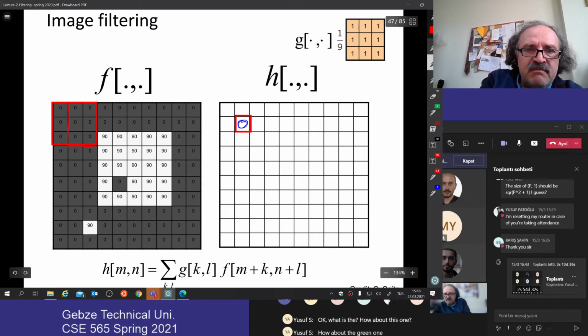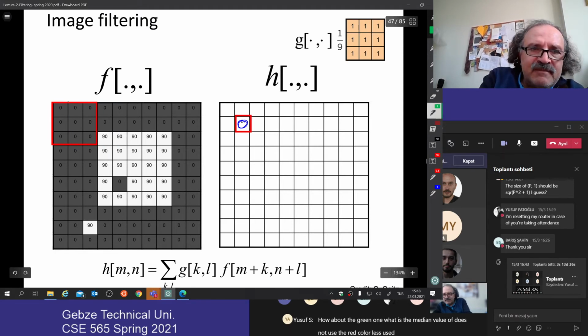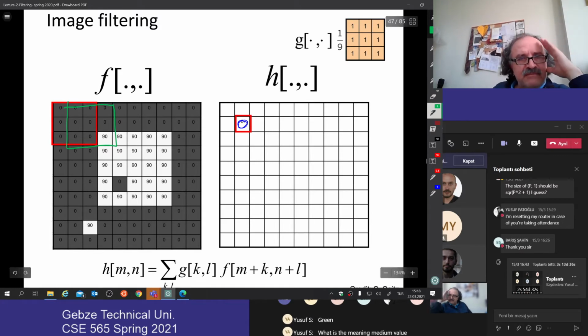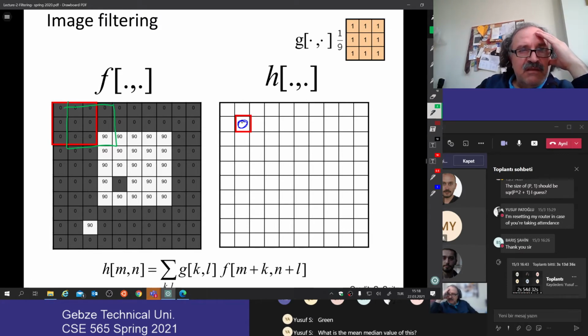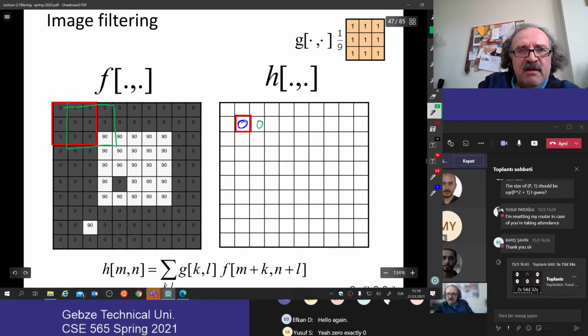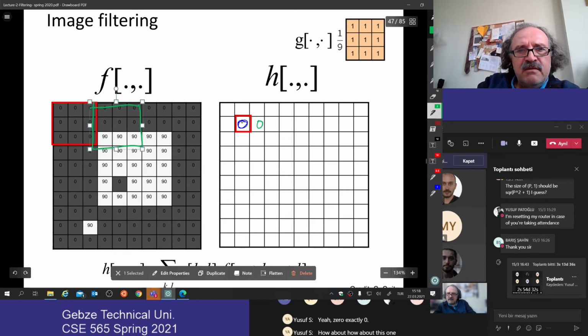What is the median value of this green? 0, exactly 0. How about this one? 0. So all the way to the end, it is 0, right?